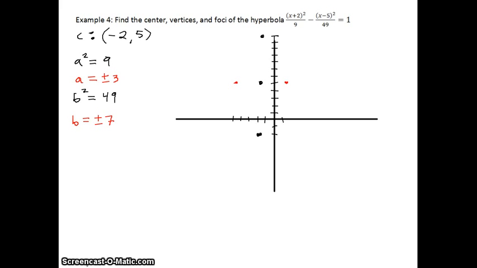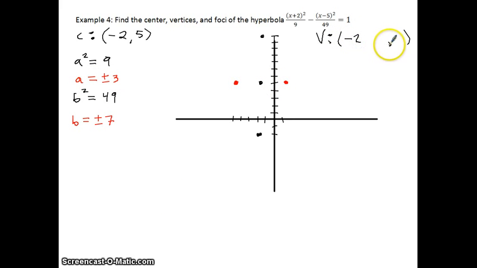Okay, so from my center, I went out 3 to the right and to the left, and that will identify the vertices of my hyperbola. We could just see what those coordinate points are. However, if you wanted to figure out what those points are formulaically, you would need the center, and you would need to add and subtract onto the x value of your center.